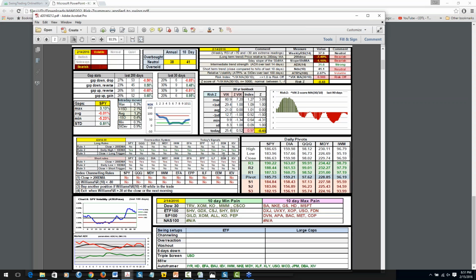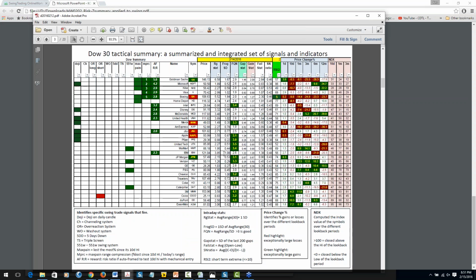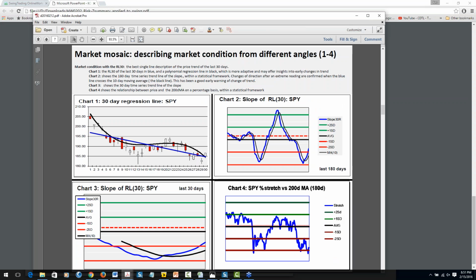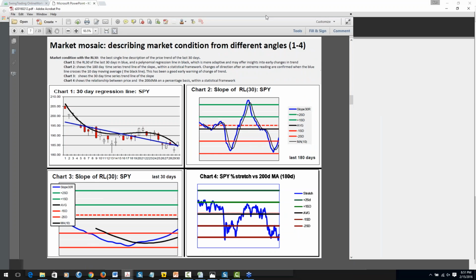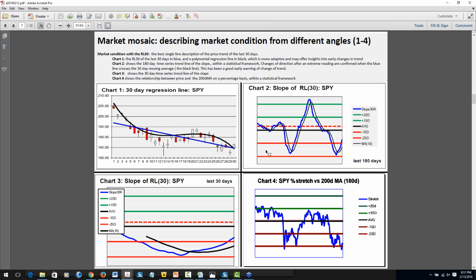Let me see if I can find that rascal. All right, so this is on page 7 of the daily report. What I would just draw your attention to is the slope statistic on this page.